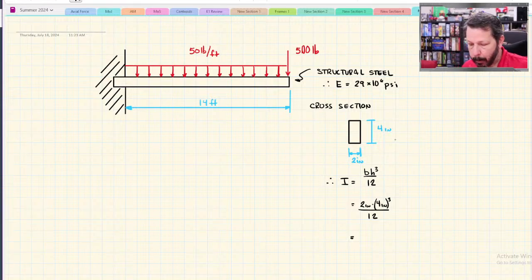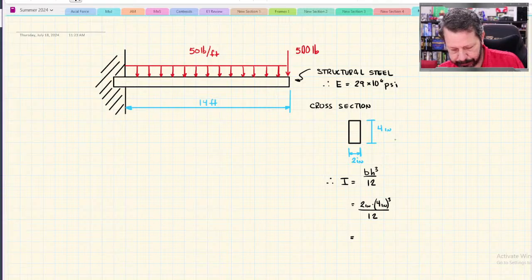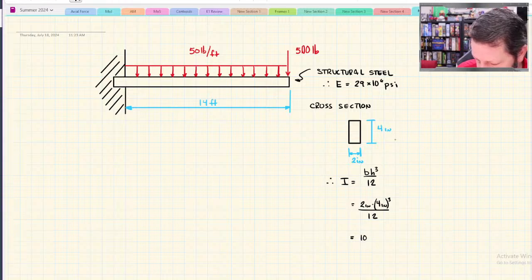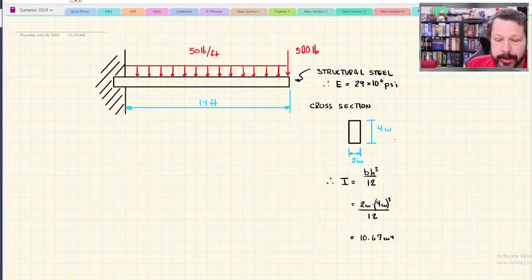That number, 4 to the third power, times 2 divided by 12, is 10.67. Okay, so we have values for E and I, which are going to be in our beam deflection equation.